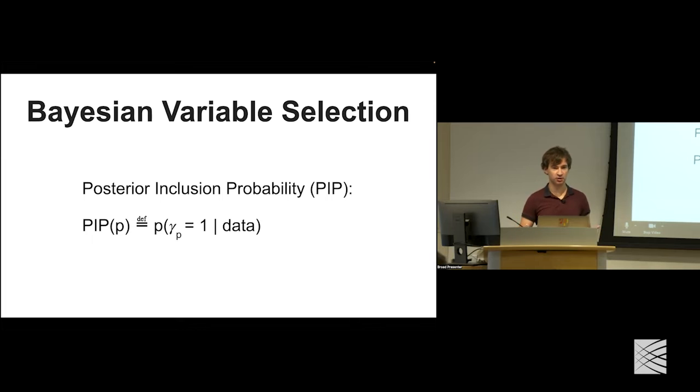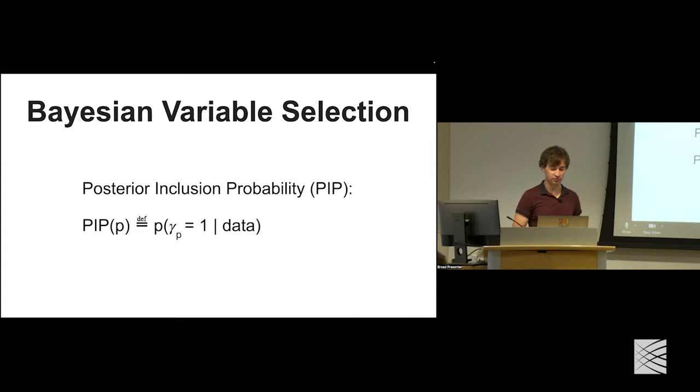Whereas if the PIP is very small, like let's say it's 10 to the minus 2, then that means that in 99% of the models that are in the posterior region, those models do not include that covariate, right? They are able to explain the data, at least to some fidelity, without using that covariate and by using other covariates.